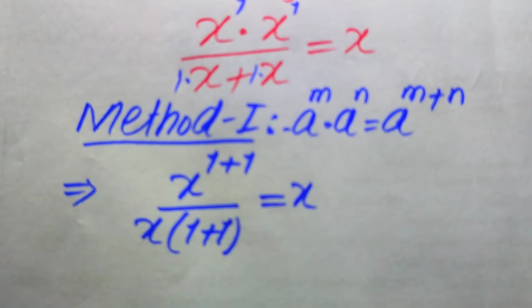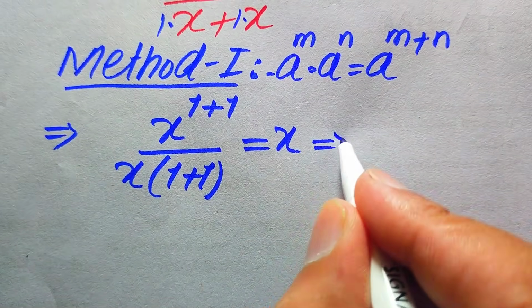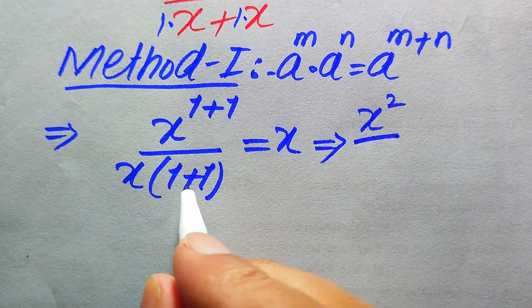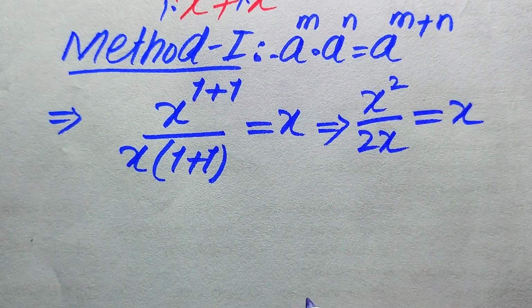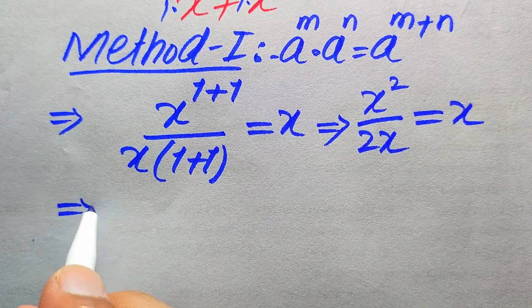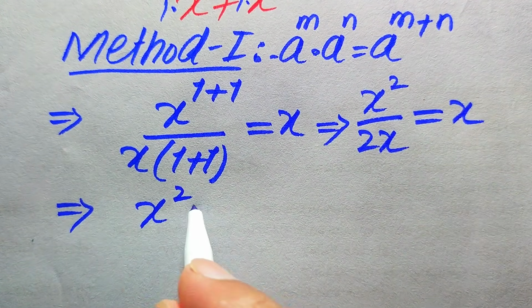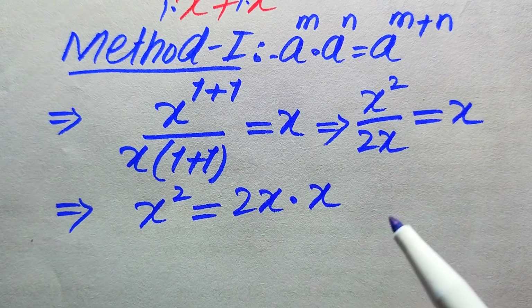and this is equal to x. So further in the next step we sum up these values and we get x squared divided by 2x is equal to x. In the next step, we move the term 2x to the right hand side and we get x squared is equal to 2x times x.